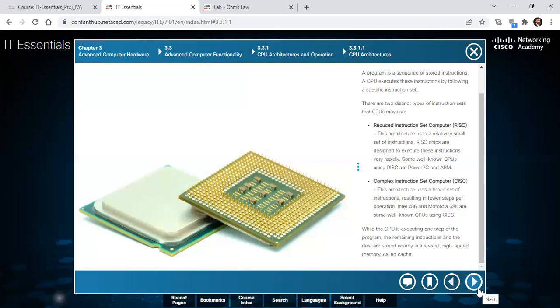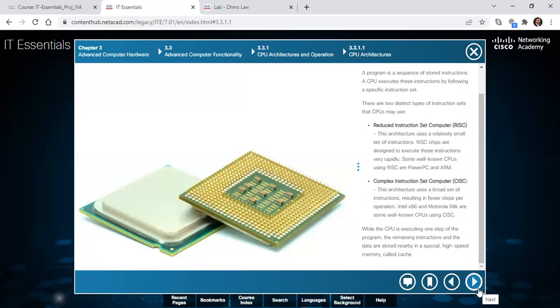Now, which one are we conversant with? We are conversant with the Intel x86. Motorola 68K, most of them are used on servers. PowerPC and ARM, but the Intel x86.